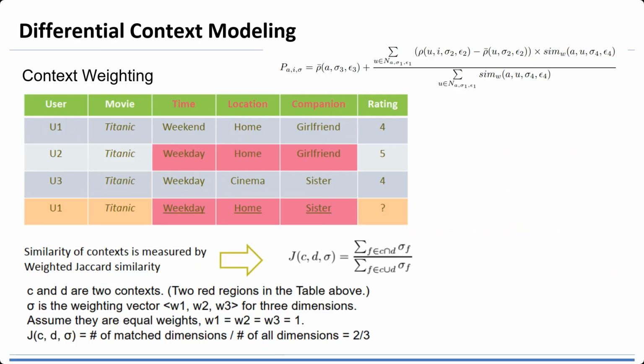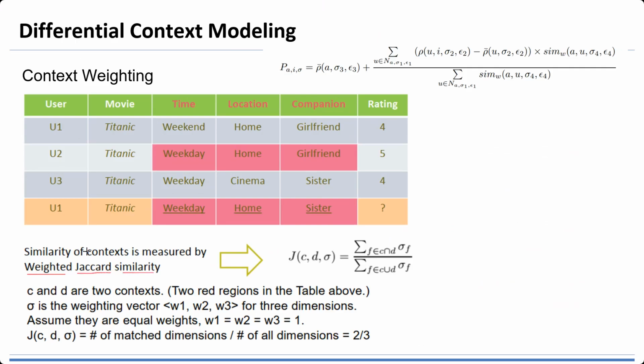For the similarity measure on this one, you can have some idea from the similarities that we had before, like Jaccard similarity or Dice similarity. Let's say I'm using the Jaccard similarity. There is also another method, we call it weighted Jaccard similarity.